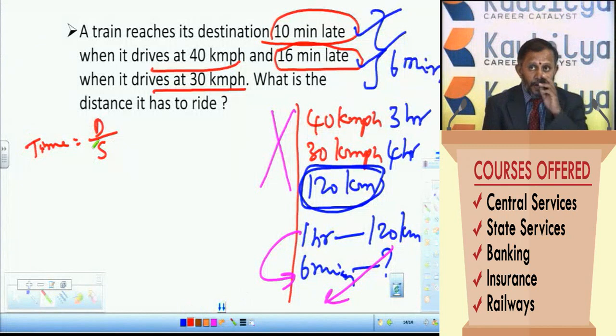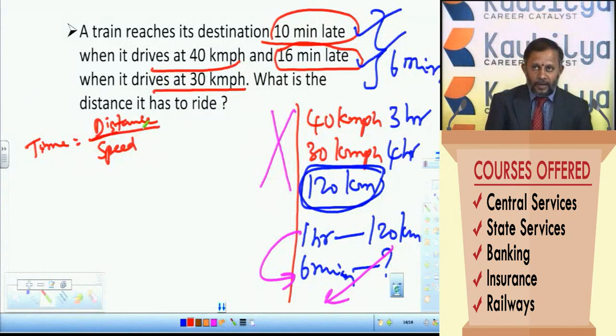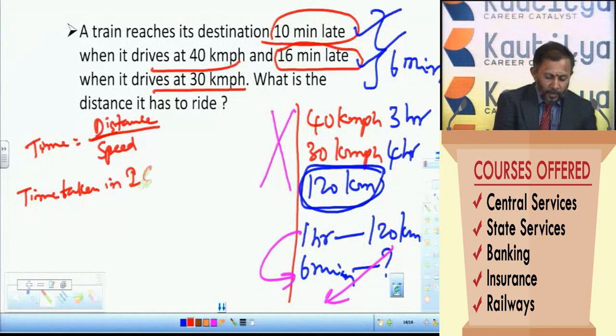You are not supposed to write d by s. Here we have to mention distance by speed. That is the formula for time, right? So here the time taken in the first case is equal to distance by speed.